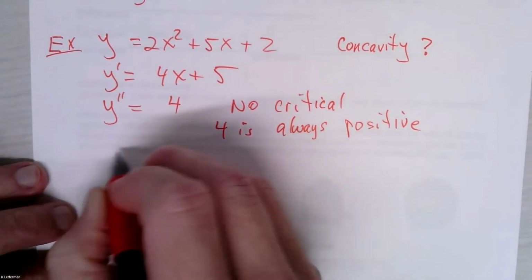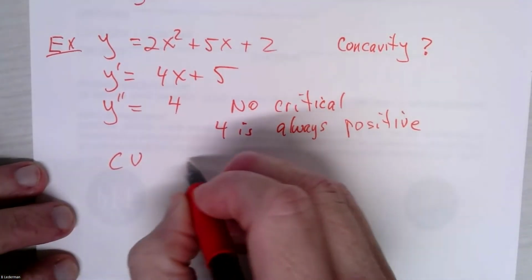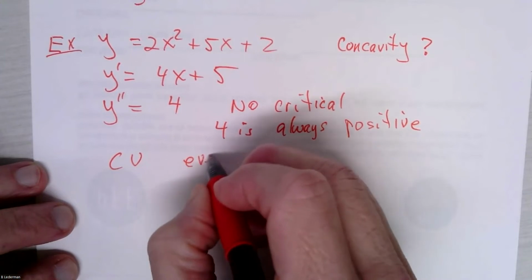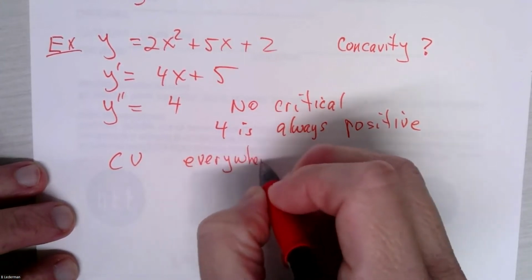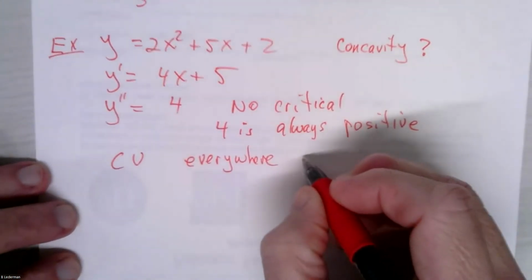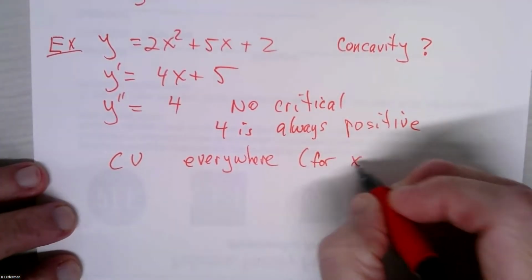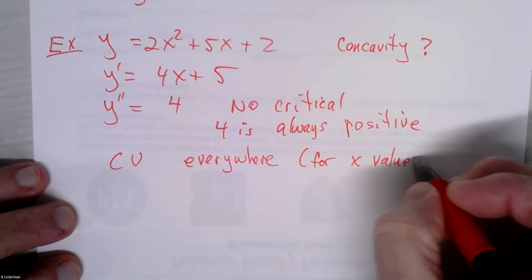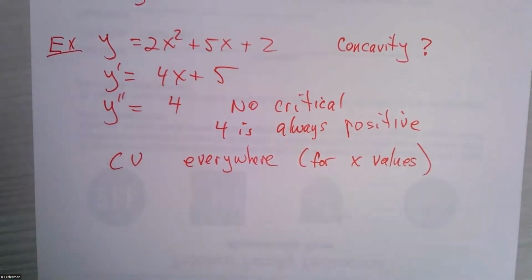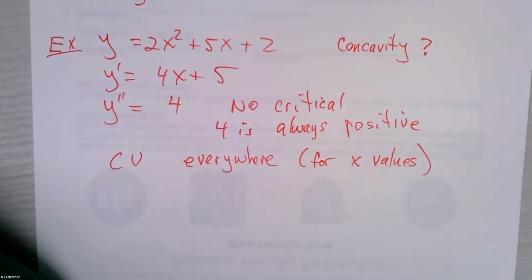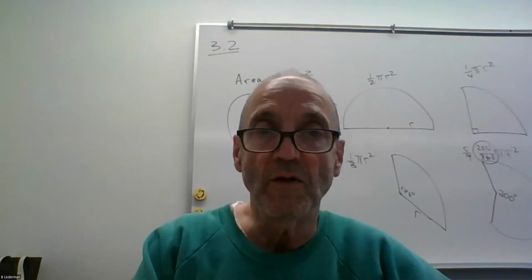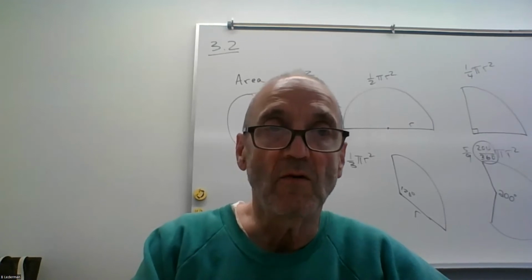So this function is concave up everywhere, and by everywhere I mean for all values of x. And again, the graph is going to confirm that.